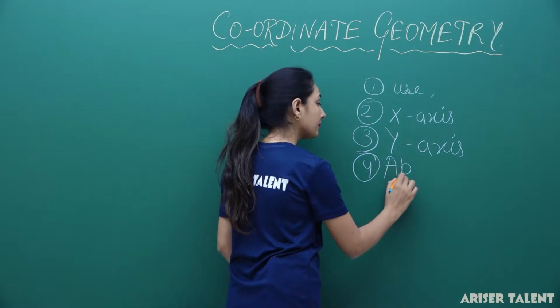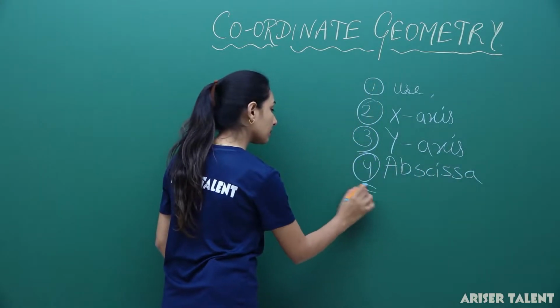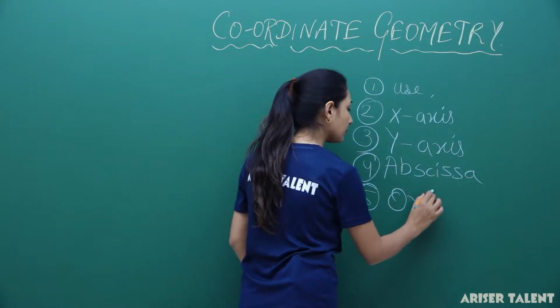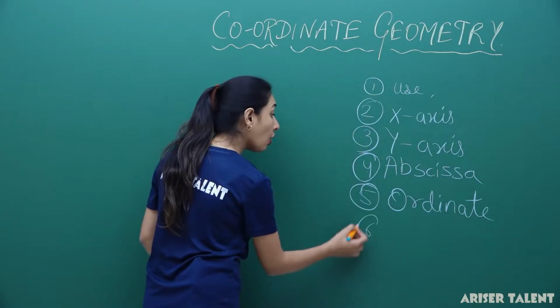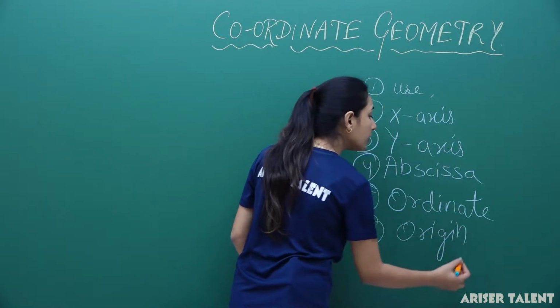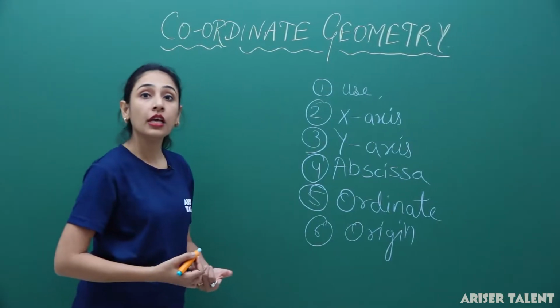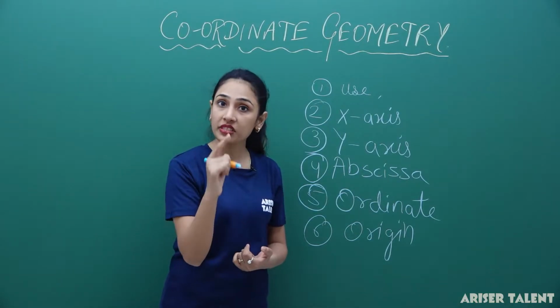Abscissa and ordinate. Right, and origin, that was important. And what were the coordinates of origin? The coordinate of origin was (0, 0), and how did you represent it?